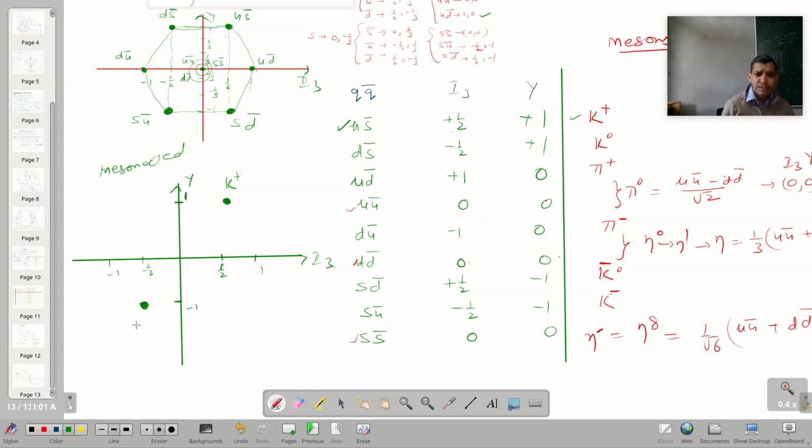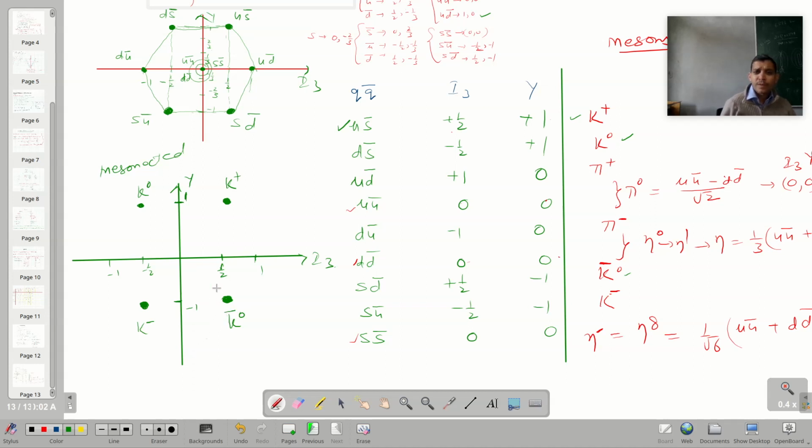K minus was lying here, right? Then K naught will be here, and K naught bar will be here. So it was lying here. So it is K naught bar.